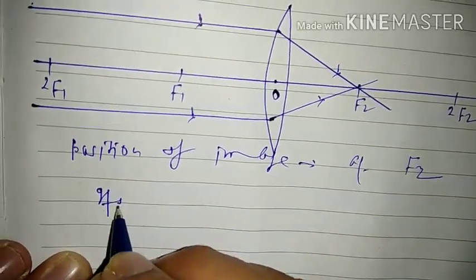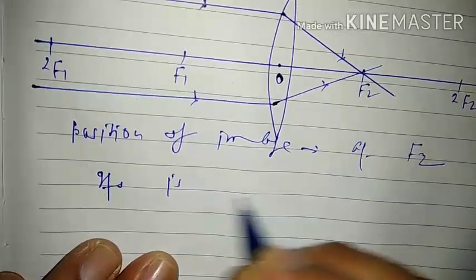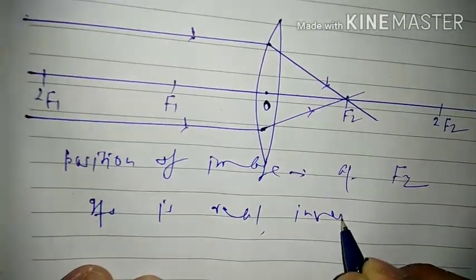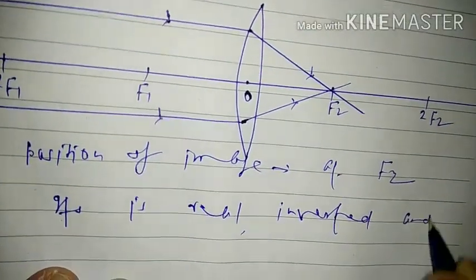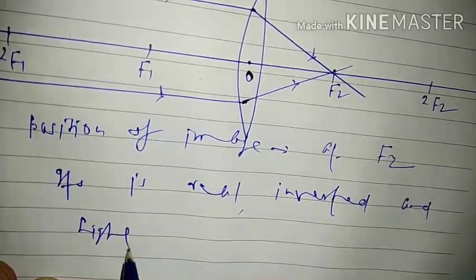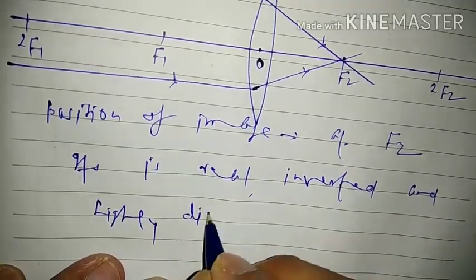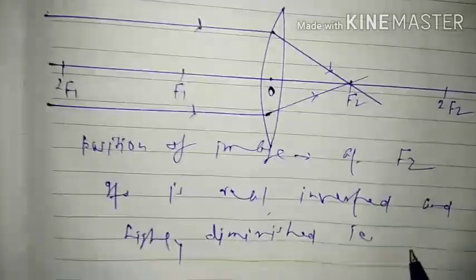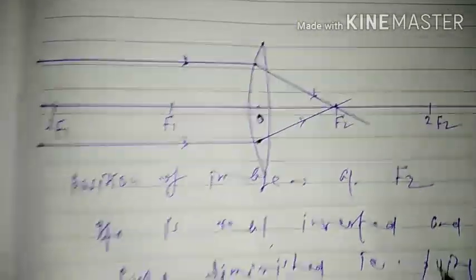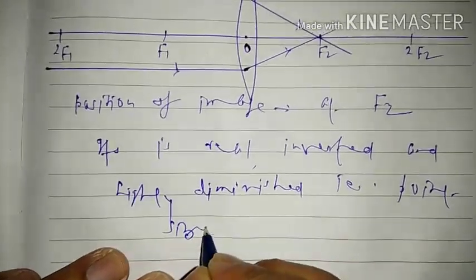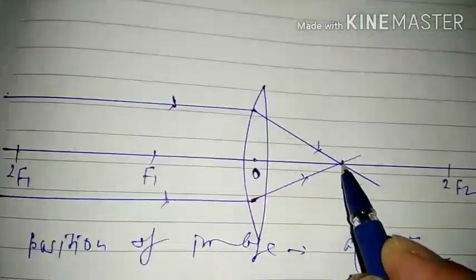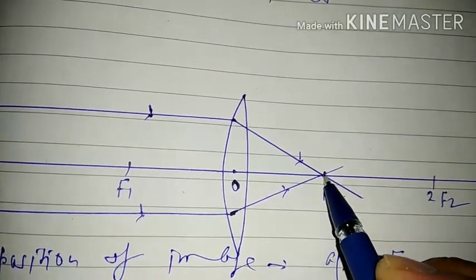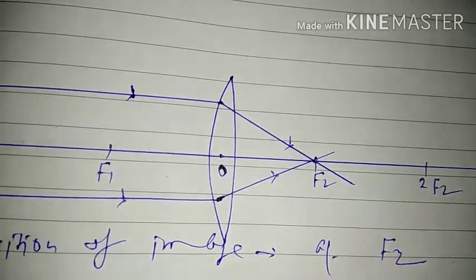It is real, inverted and highly diminished, that is point size. So in this case, the image of object forms at focus F2, it is highly diminished, it is real and inverted.